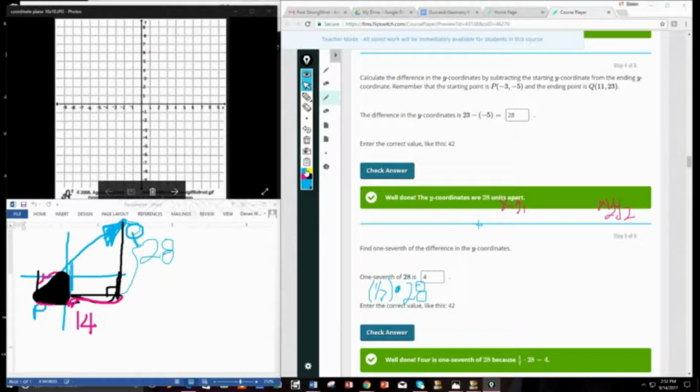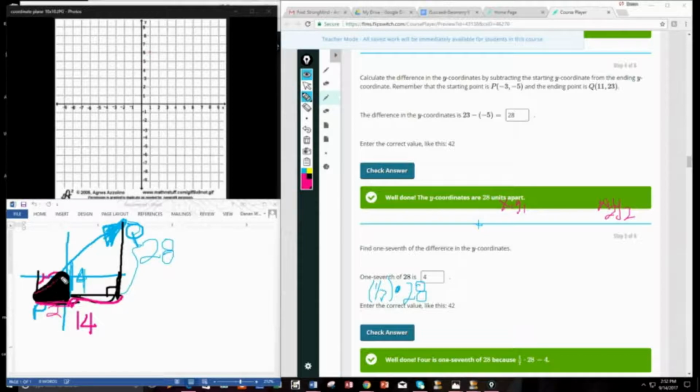So that means that on our similar triangle, the 1/7, this height is 4. And remember, the horizontal 1/7 portion was 2.